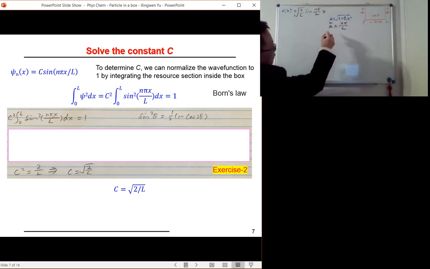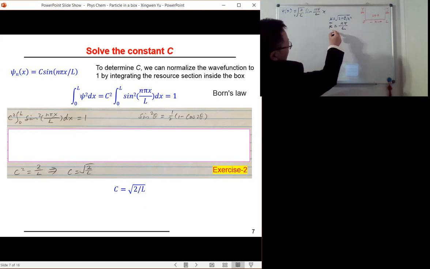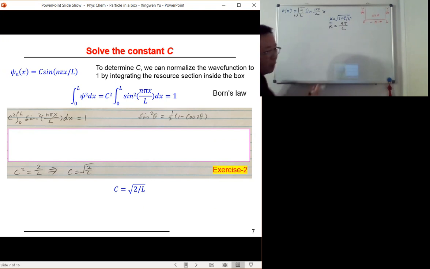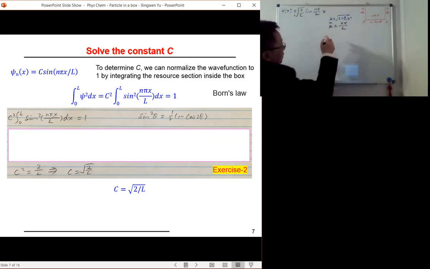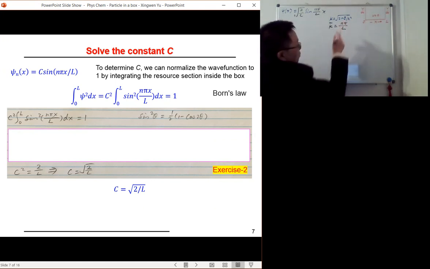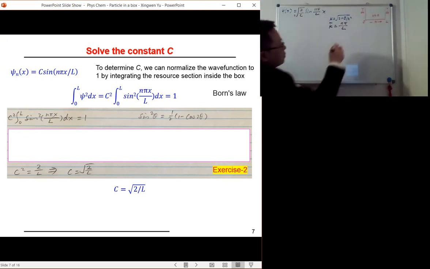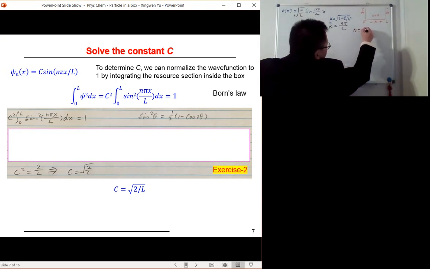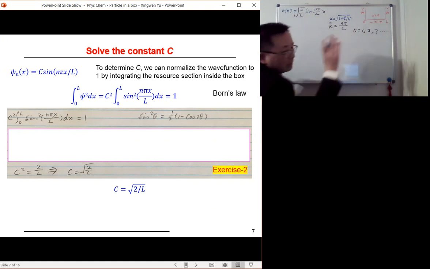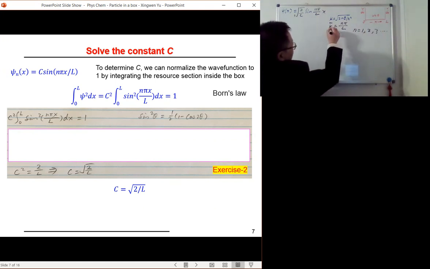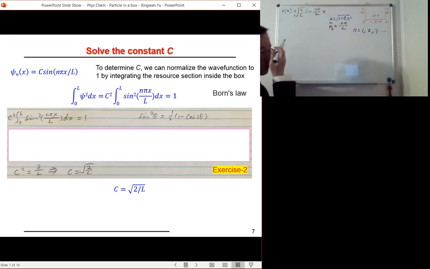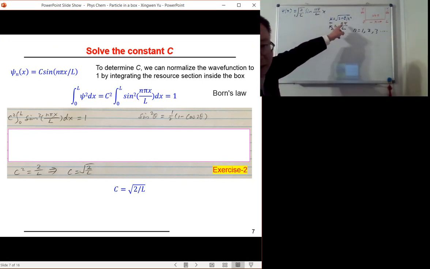And now we also know k can be expressed like this, correlated to the number n, which must be integers 1, 2, 3, and so on. So we can give a subscript kn to correlate to n.